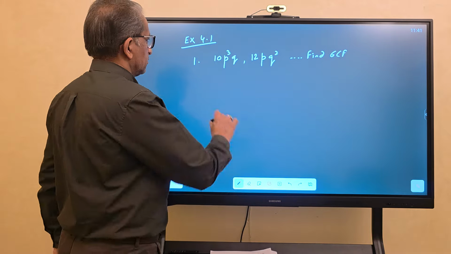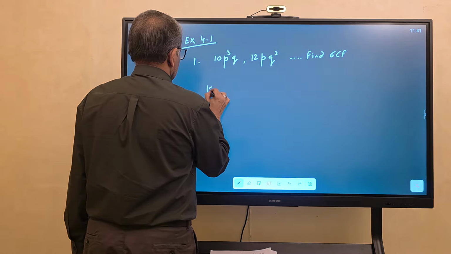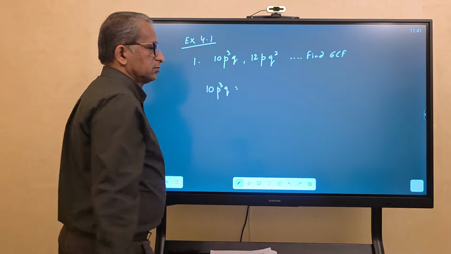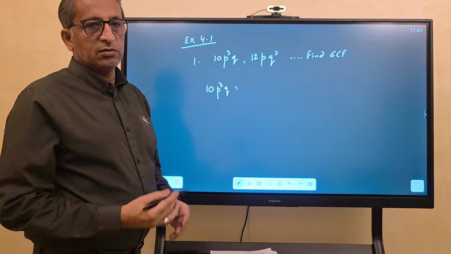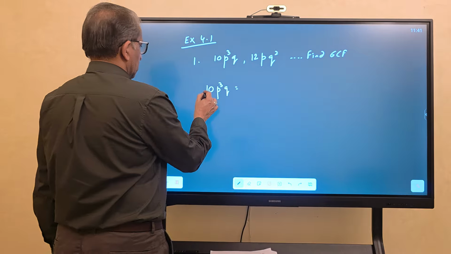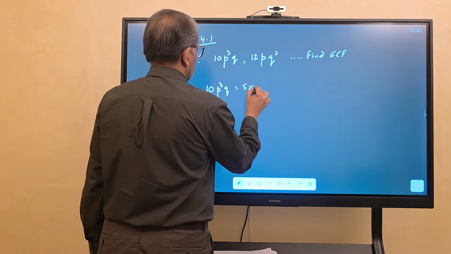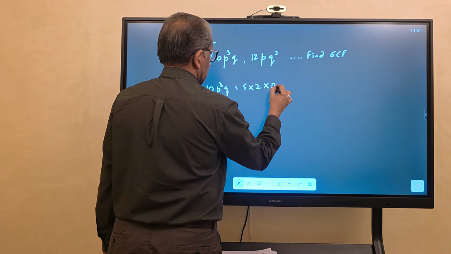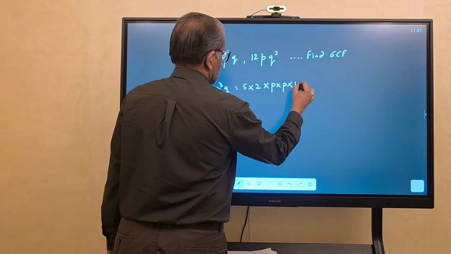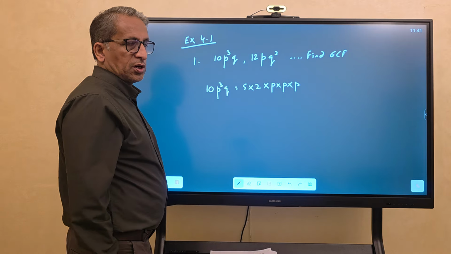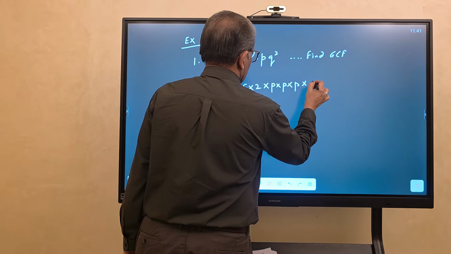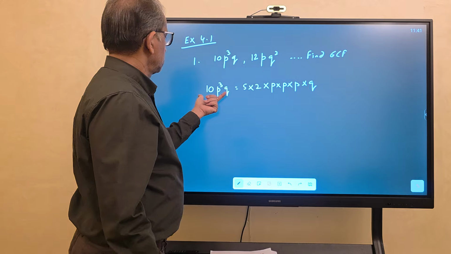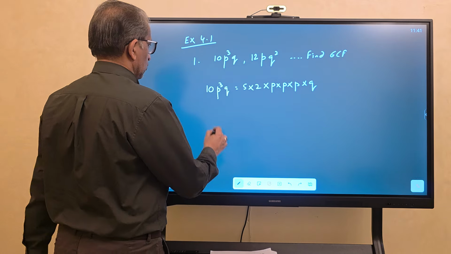That's the question here. What I do, I will write the first monomial and let me find out first the factors. The factors of 10 are 5 and 2. The factors of P cube, that is P into P into P, because it has the power 3. Q only once because it has the power 1. So these are the factors of 10PQ cube.